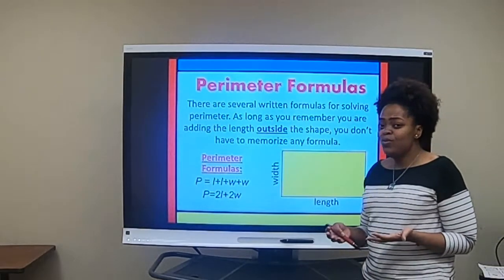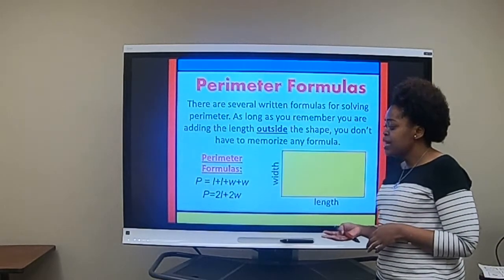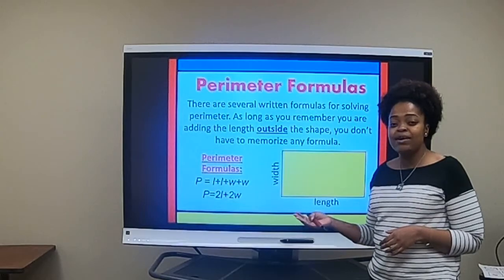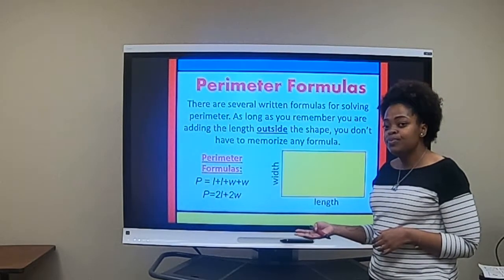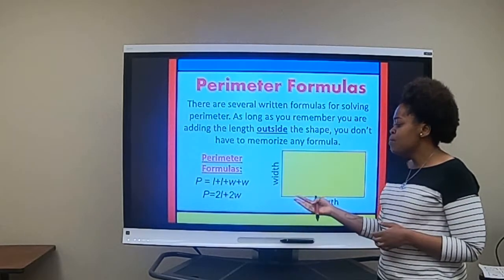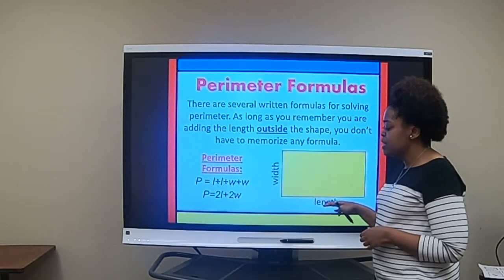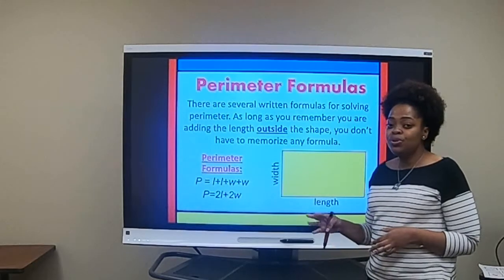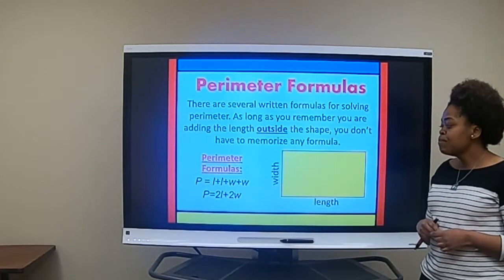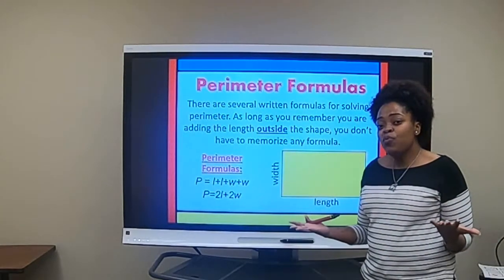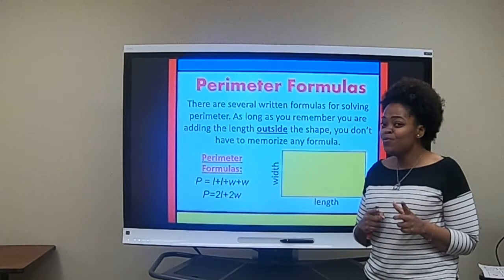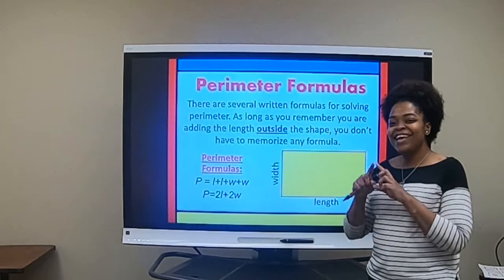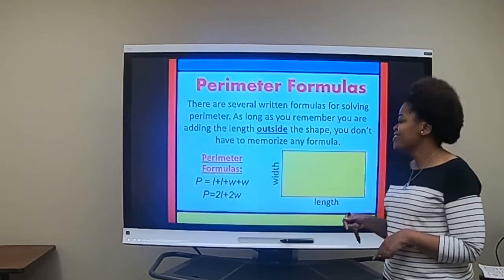We can even use another formula, P equals 2 times L plus 2 times W, which means I'm going to multiply 2 times my length and then add 2 times my width. But it doesn't matter which formula you choose to use, as long as you remember to add the outside.